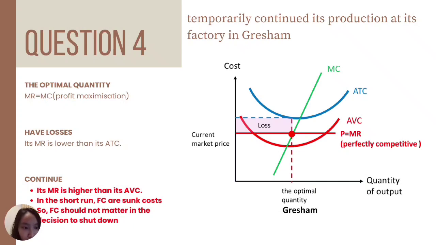Because its marginal revenue is higher than its average variable cost. So in the short run, you don't have to consider fixed cost because it is a sunk cost. And it doesn't matter when you make the decision to continue or shut down in the short run. So this is the graph for the decision in Gresham.